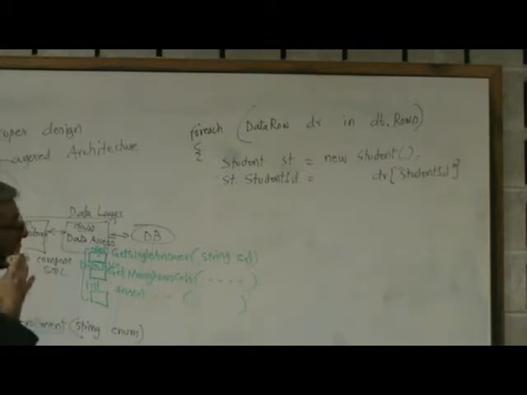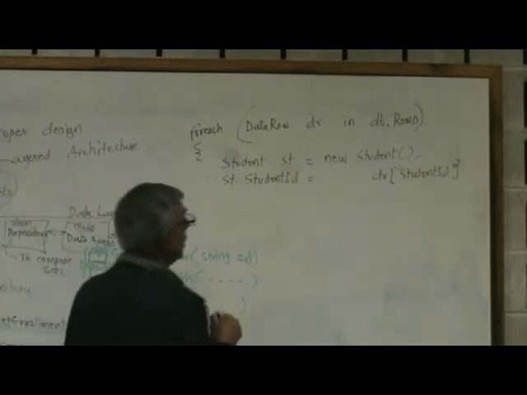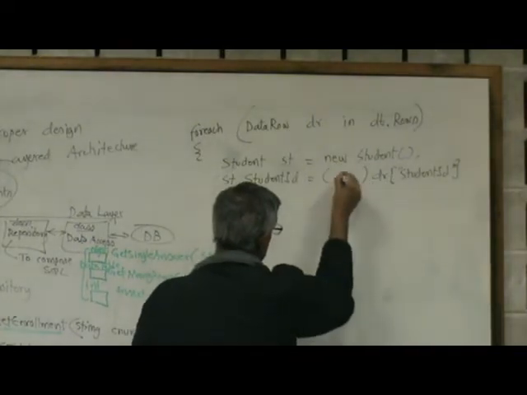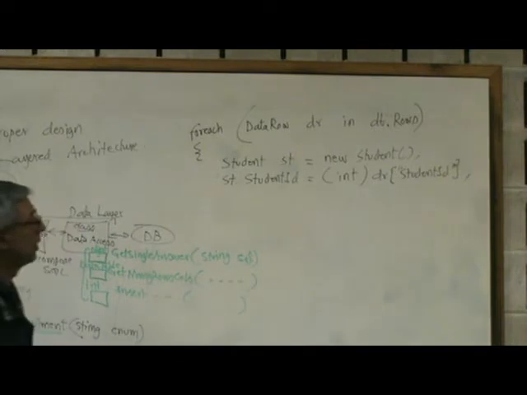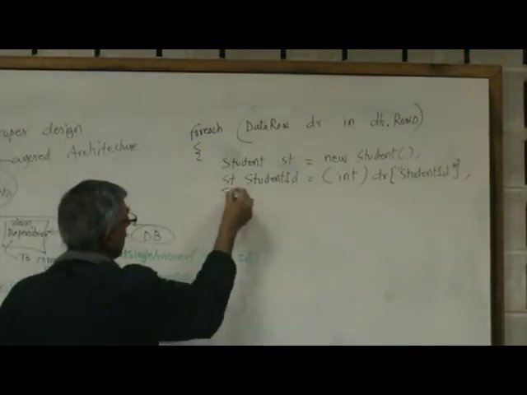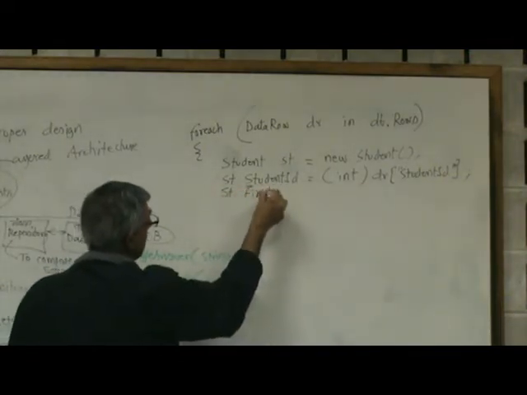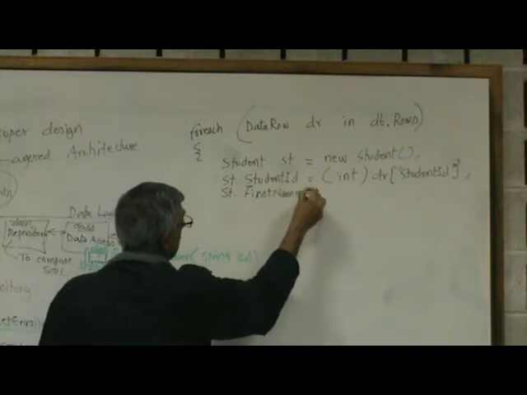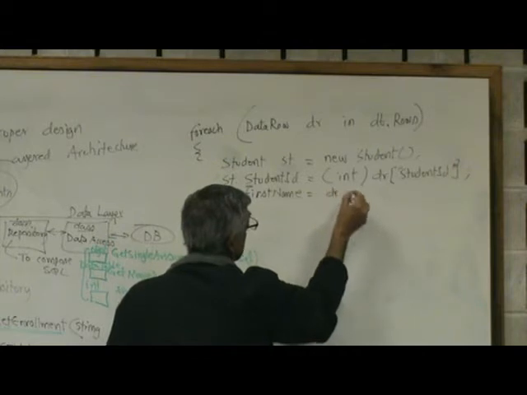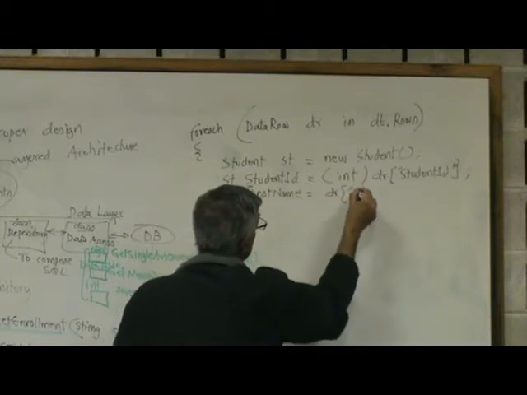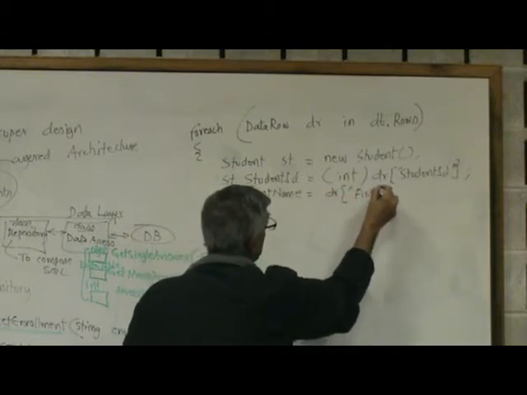So we have to convert it, for example, typecast to an int before we store over here, right? And then very similarly, we can go first name equal to. You have two options. You can typecast it to a string, or you can also do toString on it.